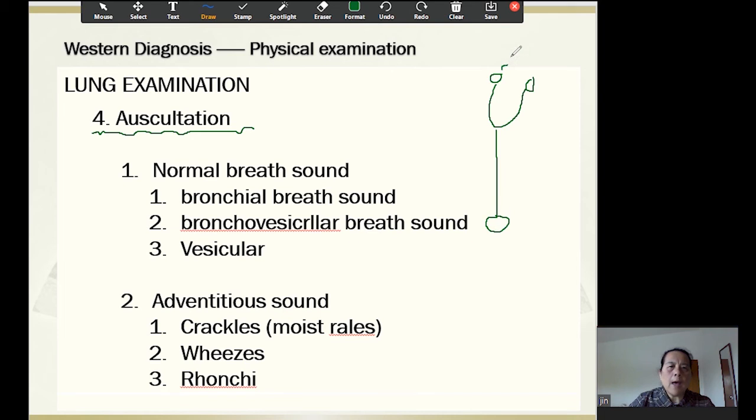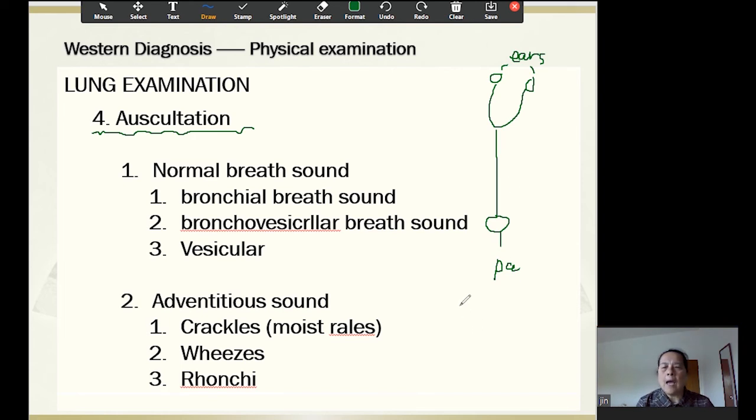These two sides are put in both ears, and this side is put on the superficial skin of the patient. So through this tool, we can hear clearly the sounds inside the patient.